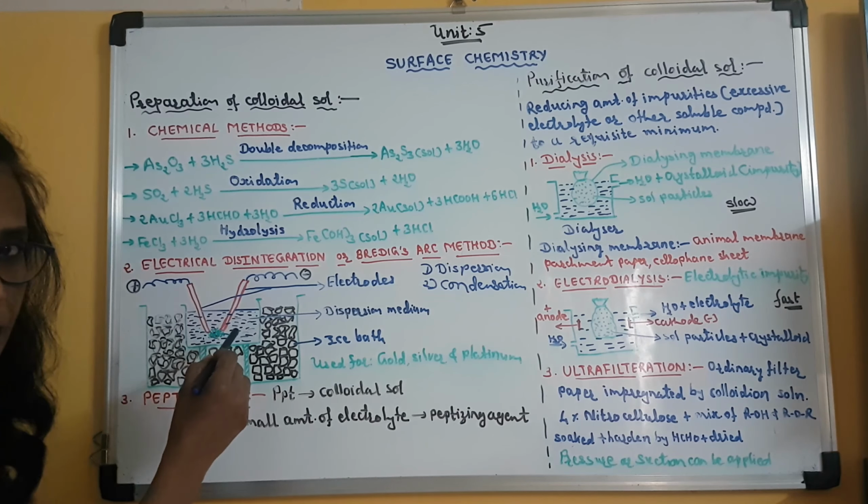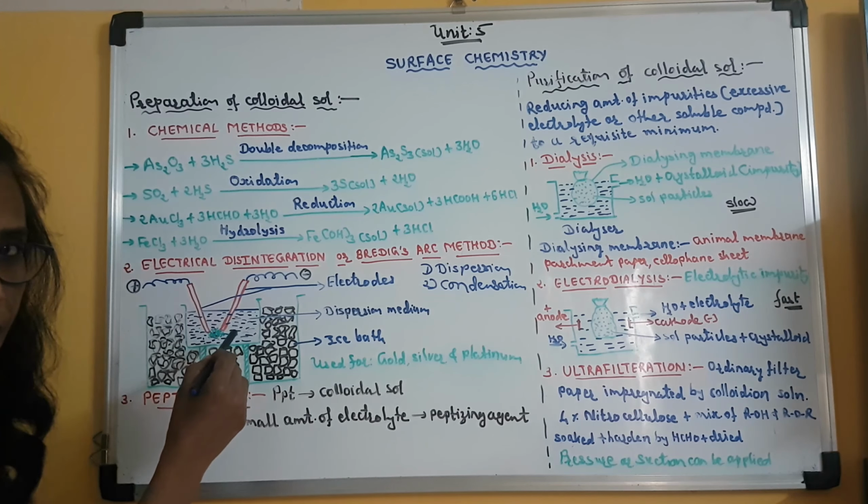First is dispersion, when a strong electric arc is struck between two metallic electrodes immersed in the suitable dispersion medium. Then due to the heat produced by this electric arc, these metal electrodes will vaporize.